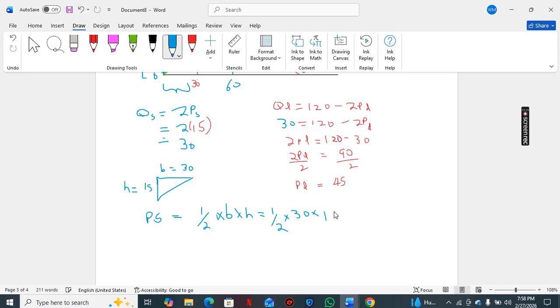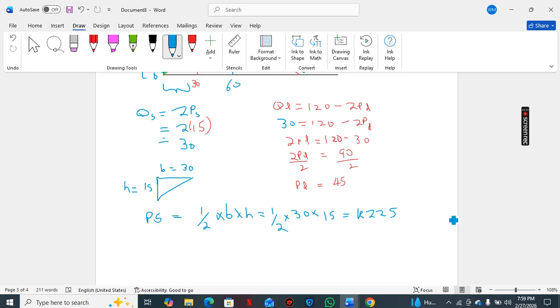So half of 30 is 15. 15 times 15. From 900, it has reduced to 225.